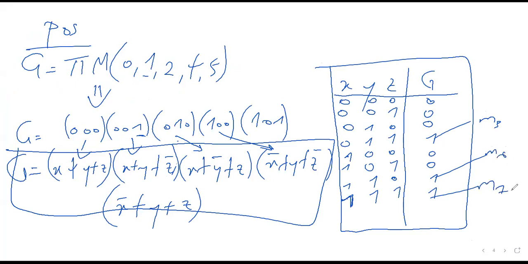This is min term number 7. You identify your min terms and you sum them. If you want to go the product of sums way, you identify your max terms. Your max terms have the 0 output. So you have M0, M1, M4, M6, M5.